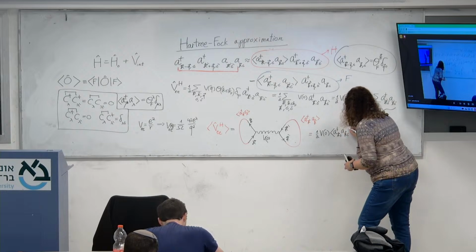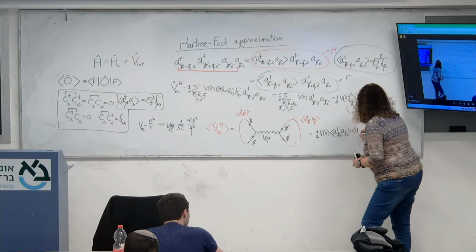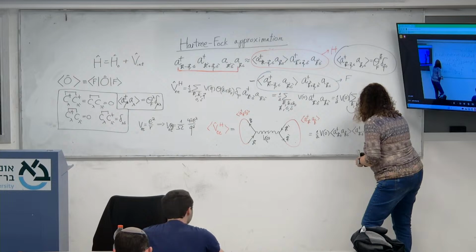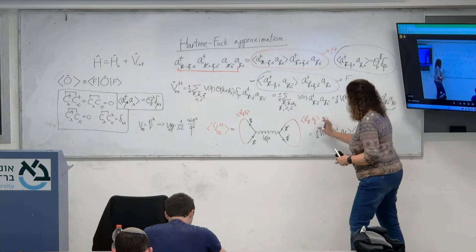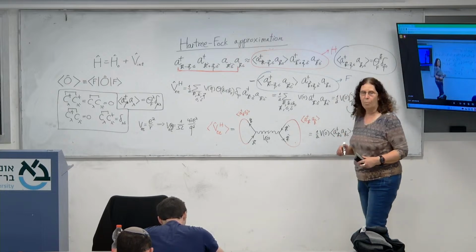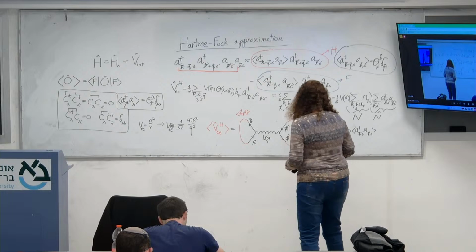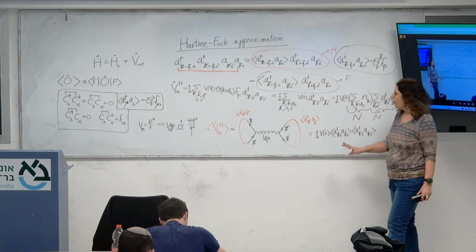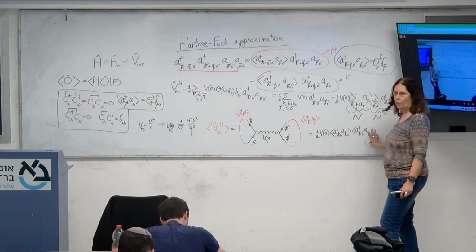It also has a sigma and a sigma prime. If I want the entire contribution to the interaction, I have to sum over all the k's and sigmas and so on. But this is basically what the diagram is. It's a graphic way of presenting an equation.